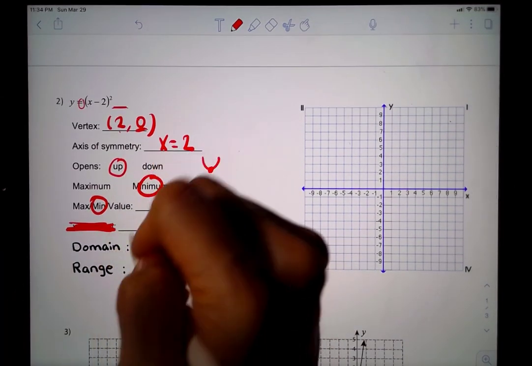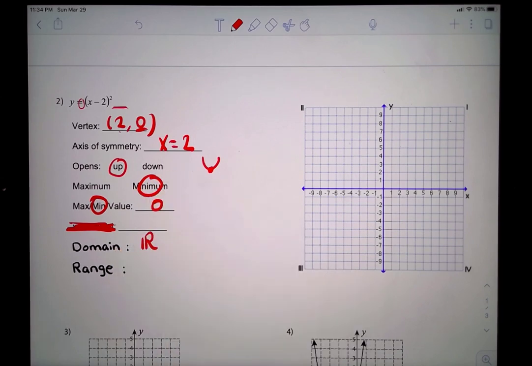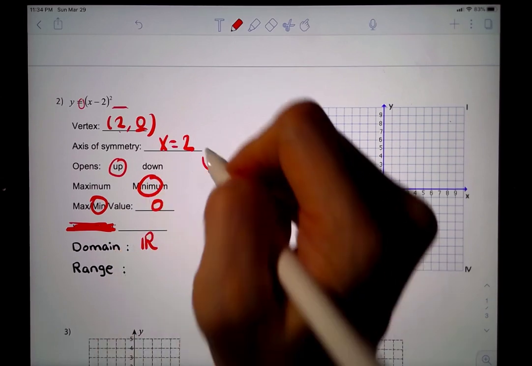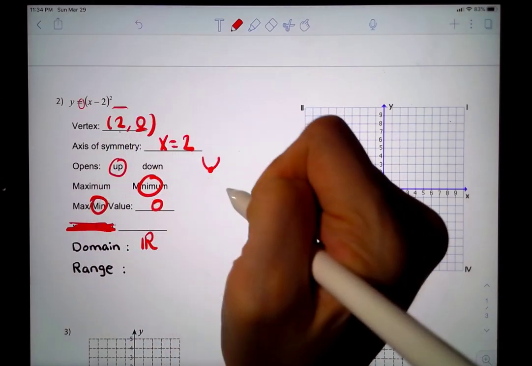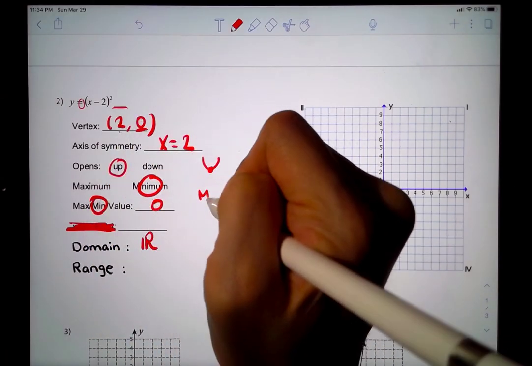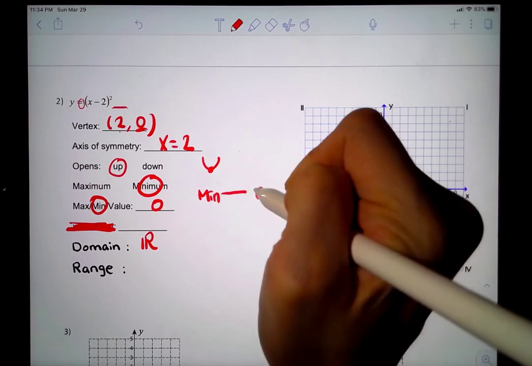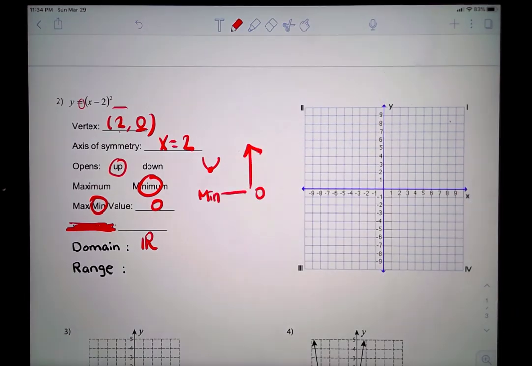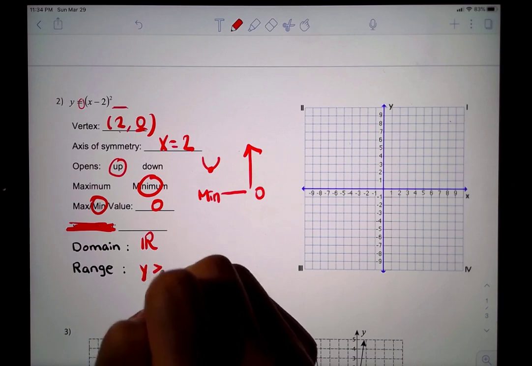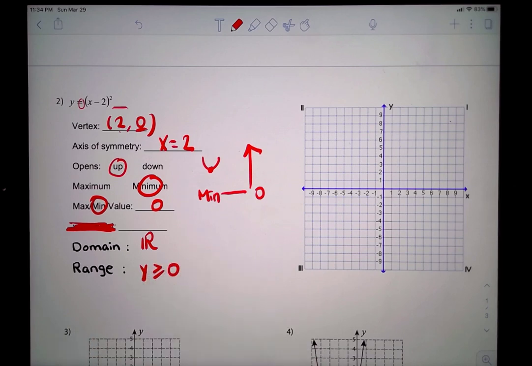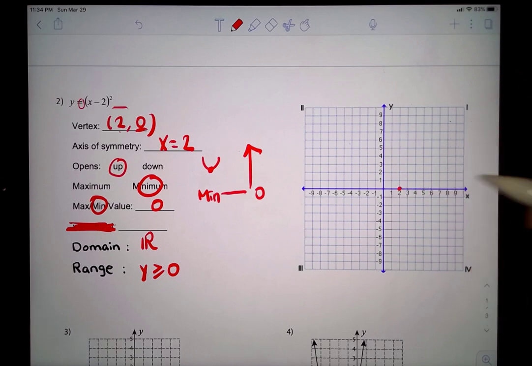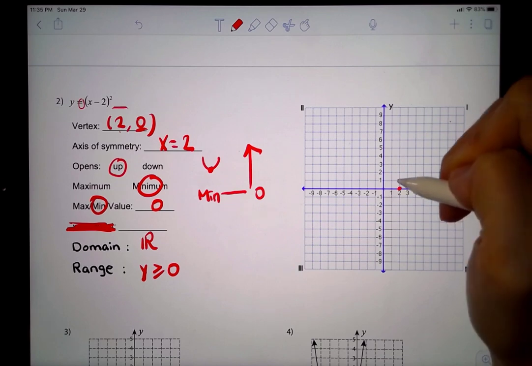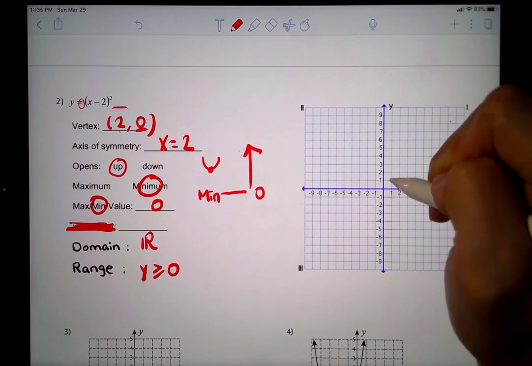So domain, always all real numbers. And my range: my minimum is 0, right? That means everything is greater than or equal to 0. So y is greater than or equal to 0, like this. Then to sketch that, you go to (2, 0), right? And then when you put in points, you will get this.